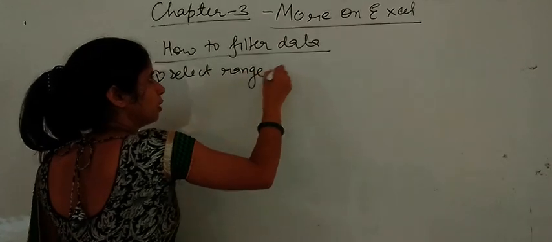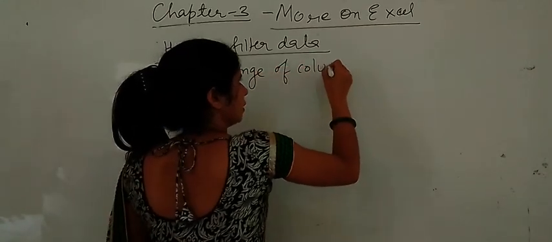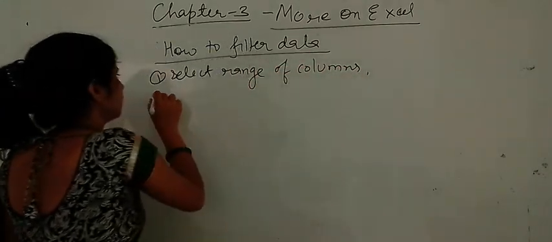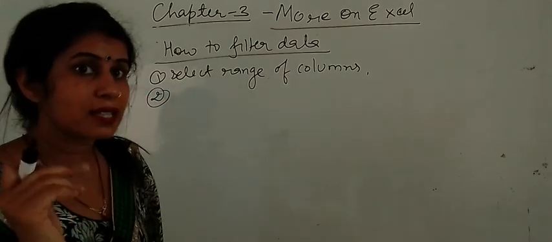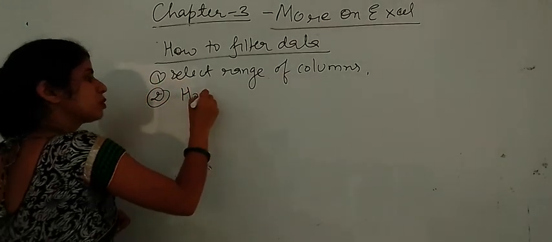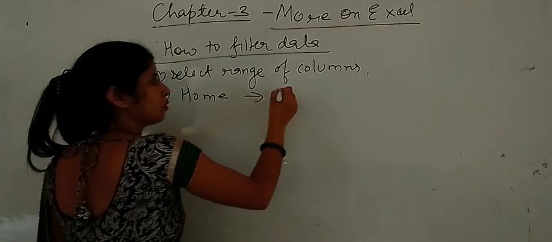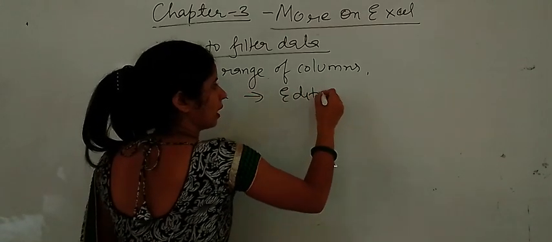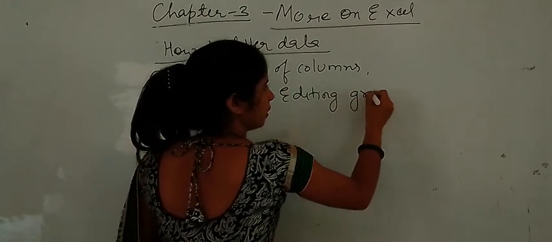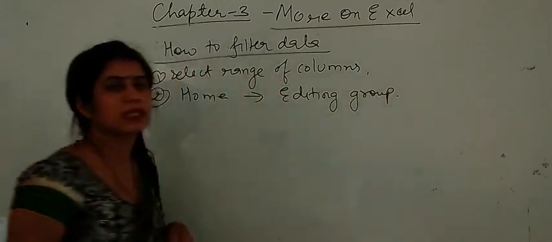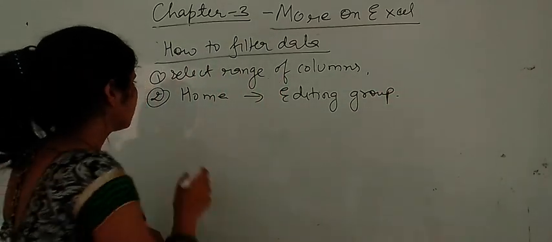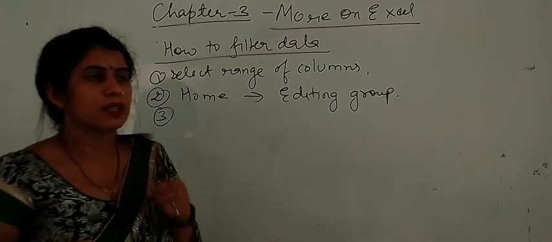Okay, what is the second step? Same steps you have to follow. You have to click on the Home tab, and after this you have to click on which group? Editing group.